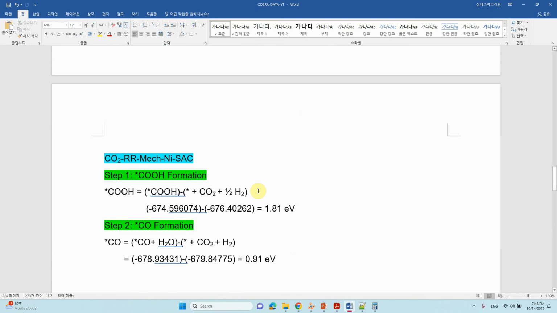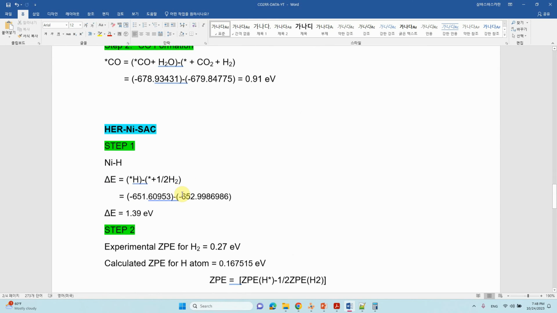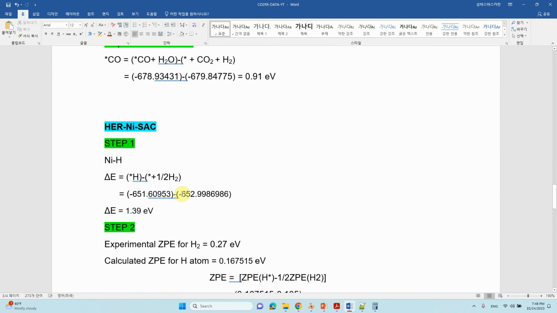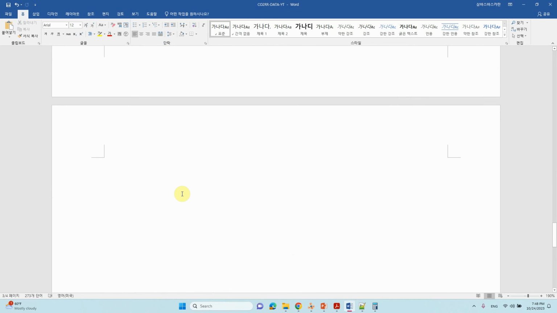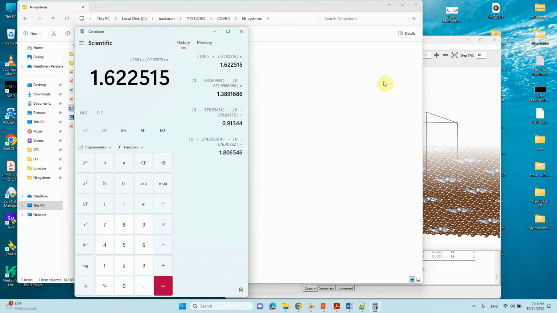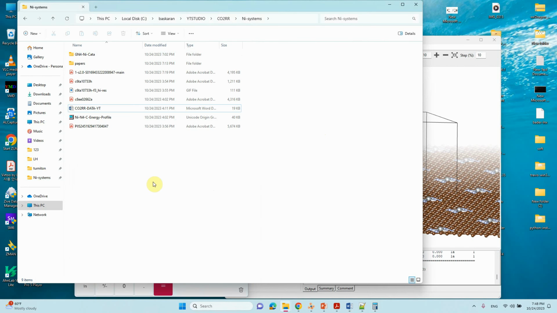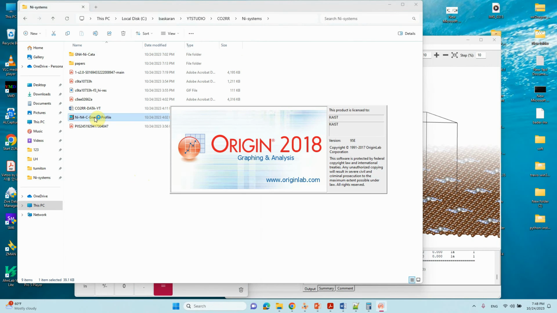So likewise you can calculate your CO2RR mechanism and hydrogen absorption for the CO2 electrochemical reduction reaction. Then we will plot the graph. It's very simple. Open your Origin plot.